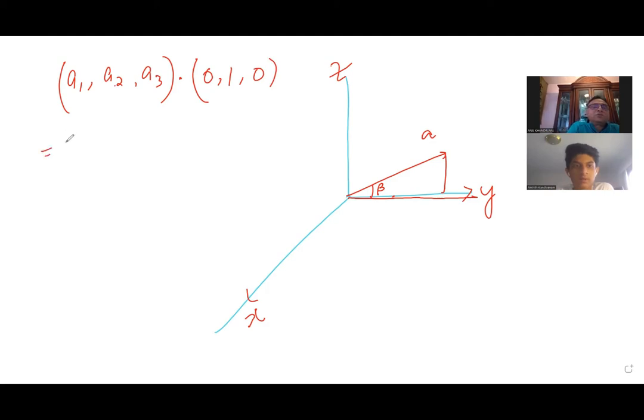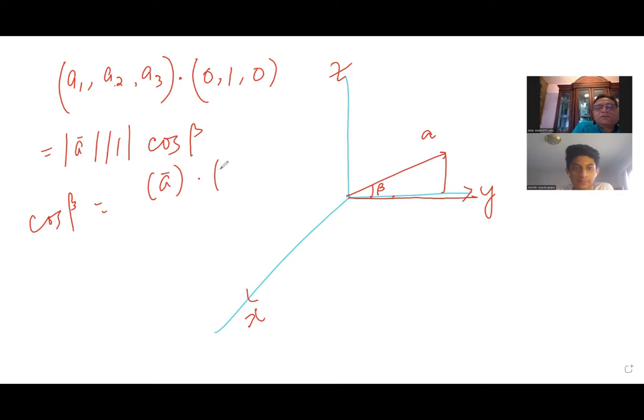So this is equal to the magnitude of vector A times the magnitude of j, which is 1, times cos of the angle between them, beta. So cos beta is equal to the dot product of A with j, divided by the magnitude of A. Is that clear?